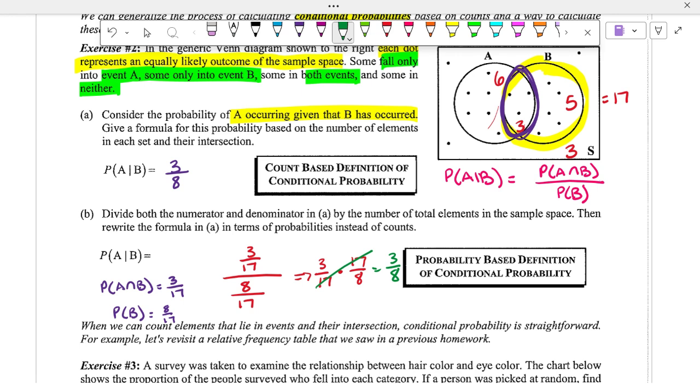So it works either way. But the first method only works if you're given some form of representation, whether that's a Venn diagram or a two-way table. If they don't give you that representation, you have to use the formula. This formula is very, very important. This is how you find any conditional probability.